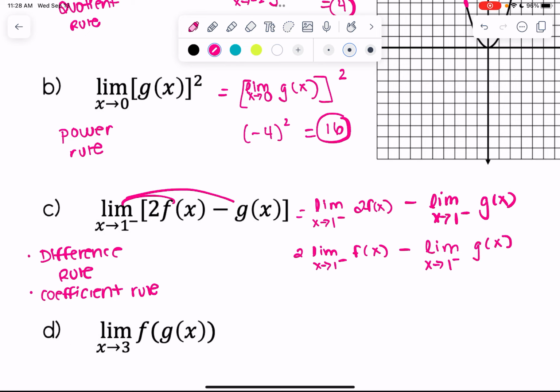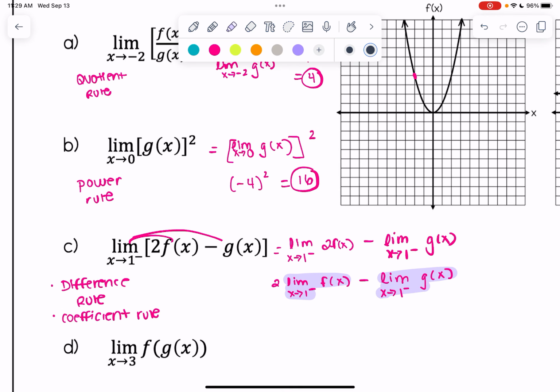And now we're going to find these values. So we need to find 2 things here. We have to find the limit as x approaches 1 from the left of f of x, and the limit as x approaches 1 from the left of g of x. When we look at f of x here, that's our parabola, the x squared. When I approach 1 from the left, wouldn't matter if it was left or right, by the way, but we're going to get 1. So this is going to bring down the 2 times 1.